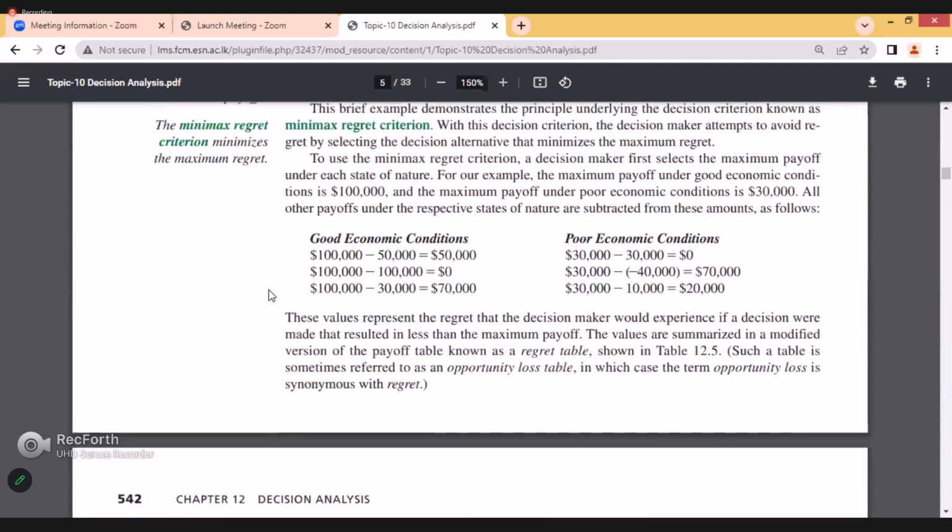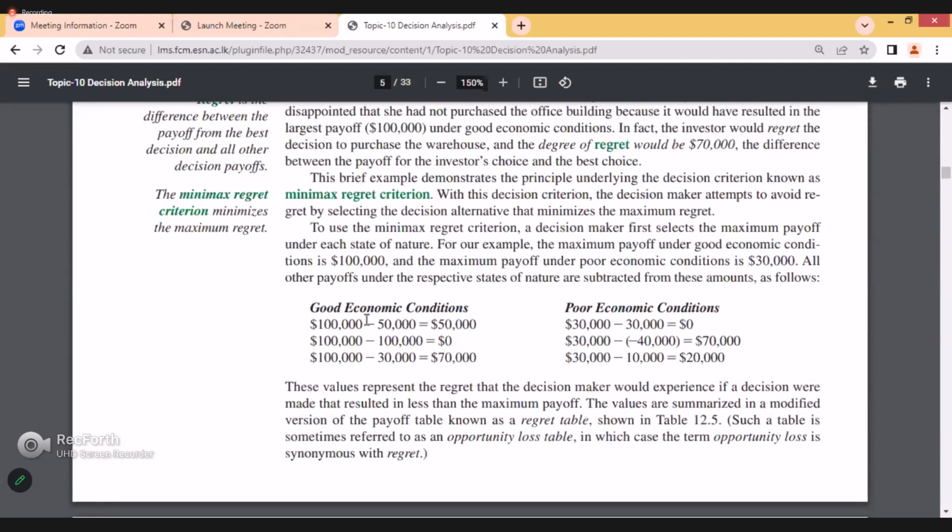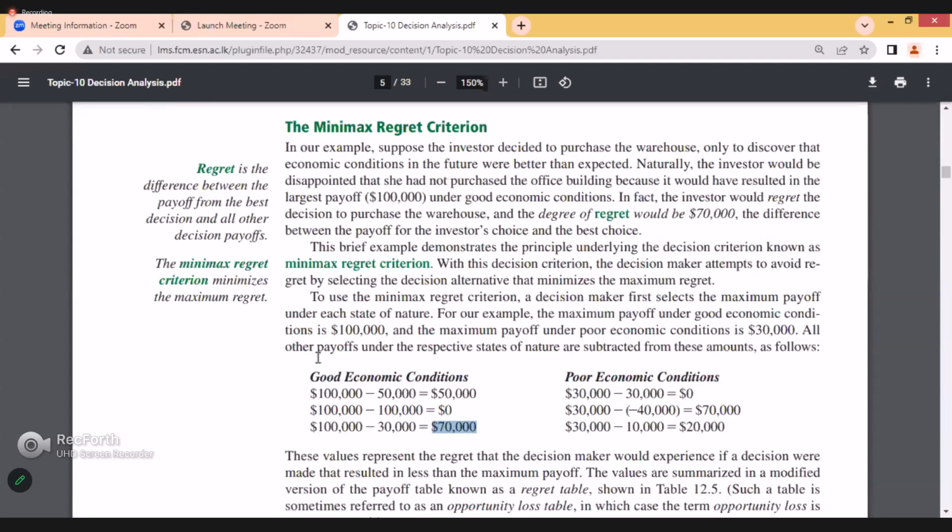You see that in the first condition, good economic conditions, the maximum value is 1 lakh. 1 lakh minus 50,000 is 50,000. The second one, 1 lakh minus 1 lakh, is 0. Then 1 lakh minus 30,000 is 70,000. These are the calculations needed to prepare a regret table.